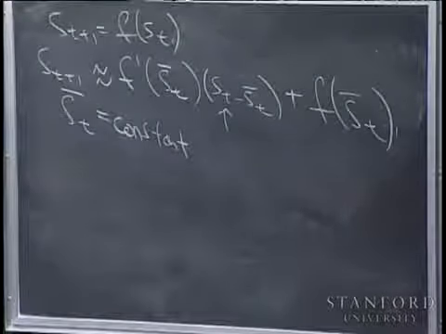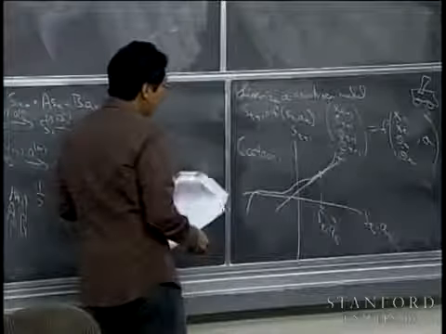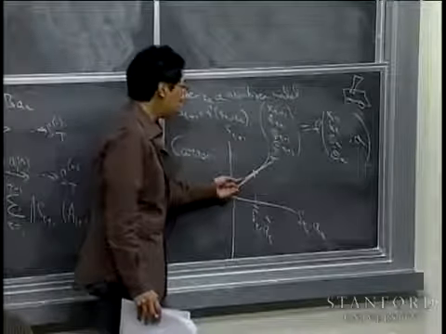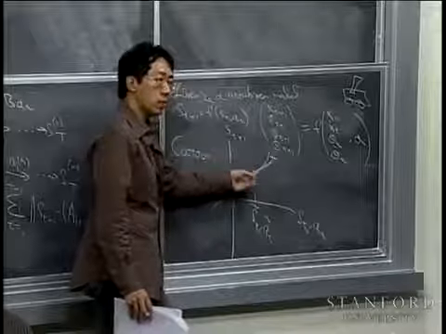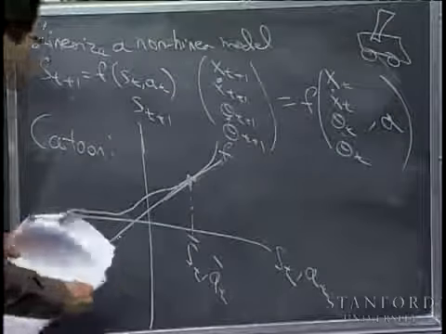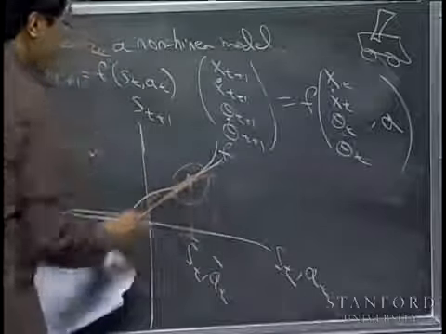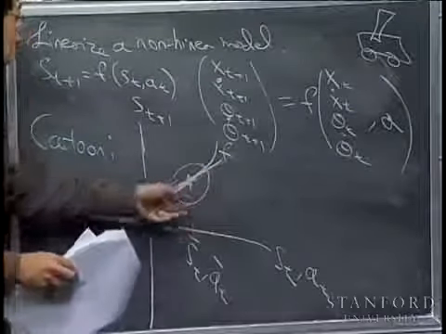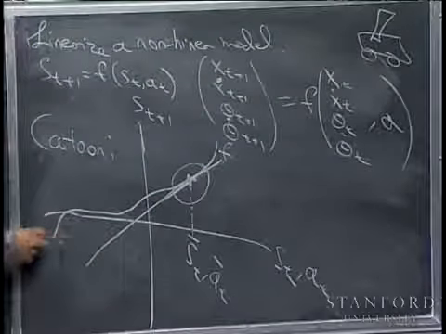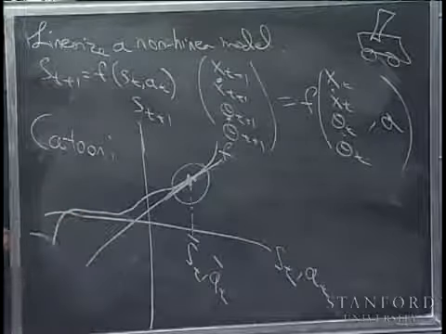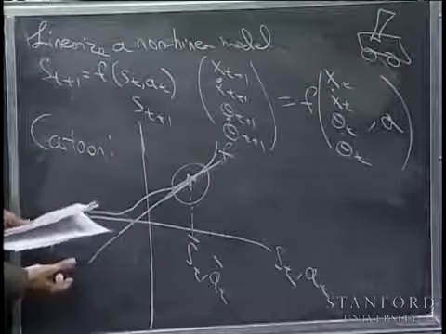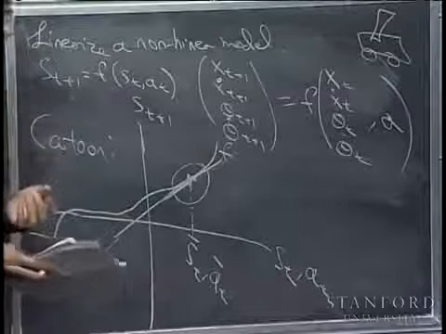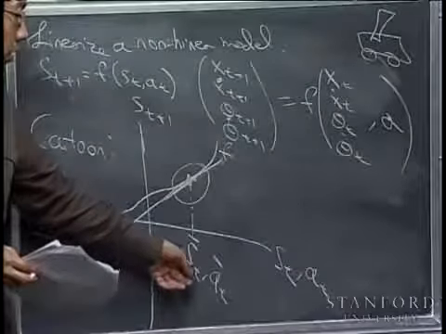Just jumping back one board, I'll point out one other thing. Suppose I look at the straight line, and I ask, how well does a straight line approximate my original function f, my original simulator? You notice that in the neighborhood of s bar, it's a pretty good approximation. It's fairly close. But as you move further away, maybe far off to the left here, it becomes a pretty terrible approximation. So when you linearize a nonlinear model to apply LQR, one of the parameters you have to choose is the point around which to linearize.